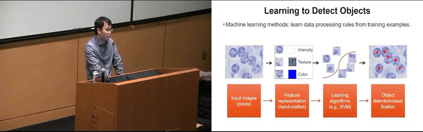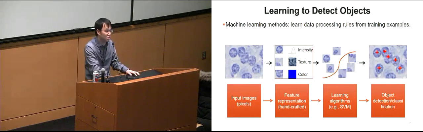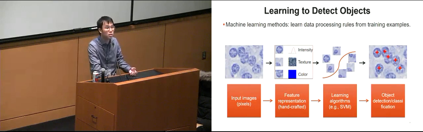Usually in the traditional machine learning method for object detection, given the image data, we want to classify each pixel, whether this pixel is inside or outside the objects. And in order to train the classifier, you need to quantify the pixels. That's what we mean by features in the machine learning terminology.